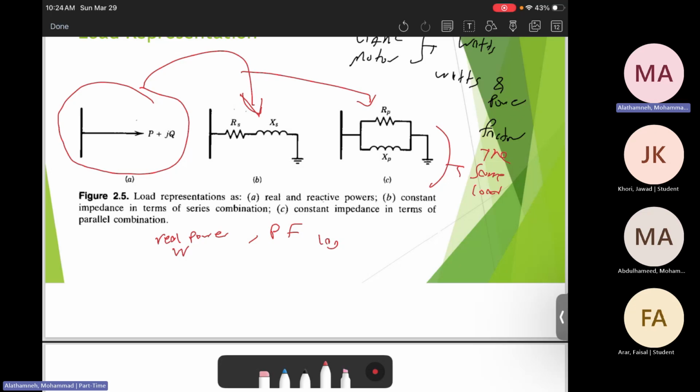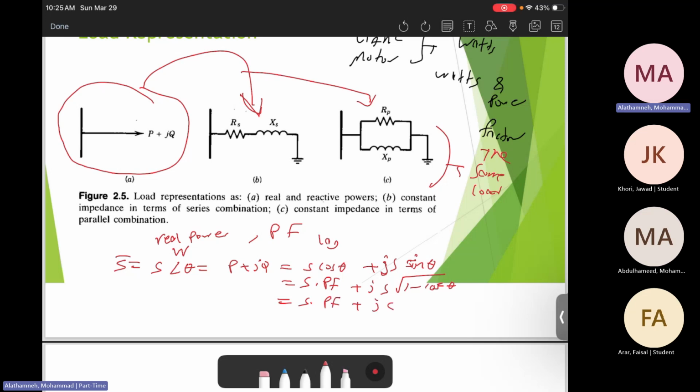We can say the complex power itself, S angle theta, is P plus jQ, which can be S cosine theta plus jS sine theta, or S times power factor plus jS sine theta, or in other words S times the square root of 1 minus cosine squared theta, or S times power factor plus jS times the square root of 1 minus power factor squared.